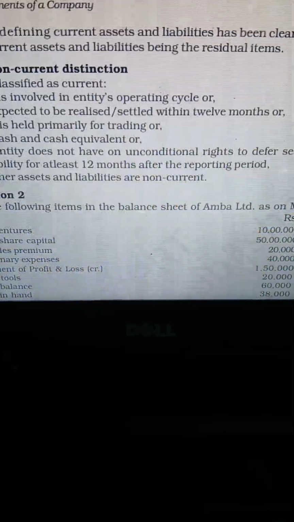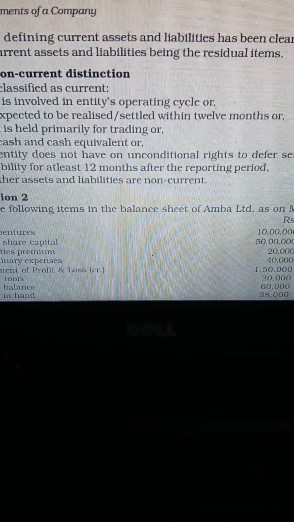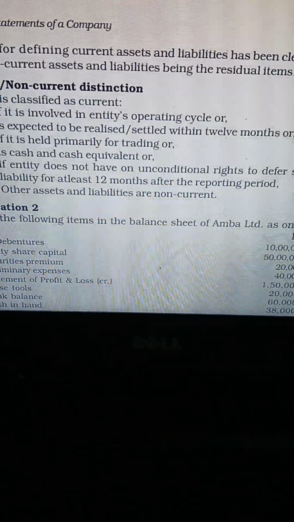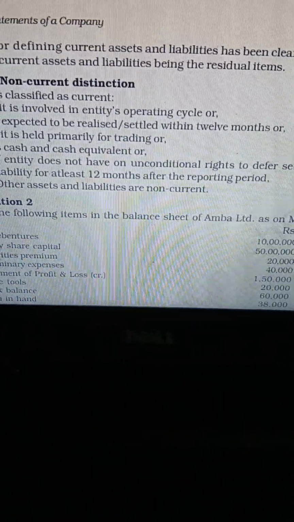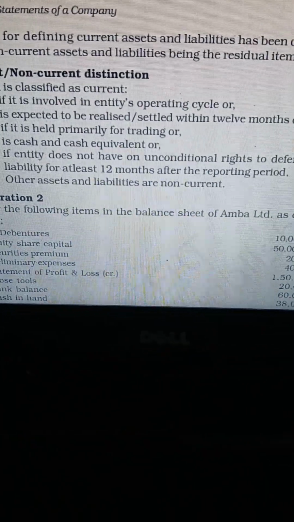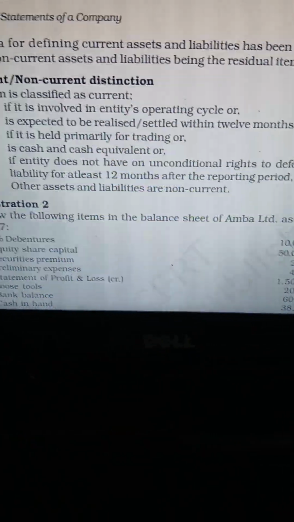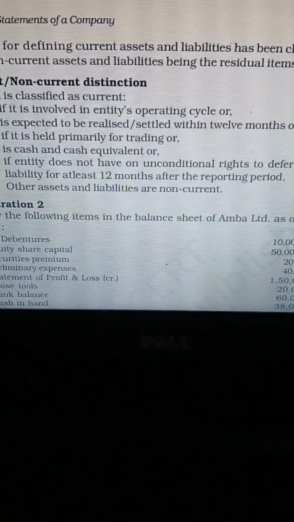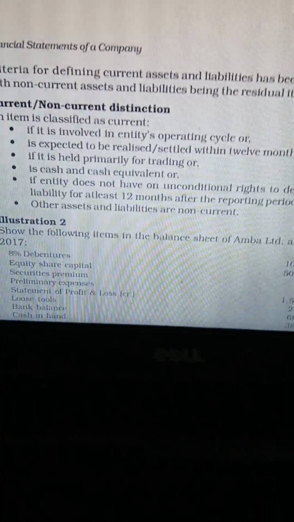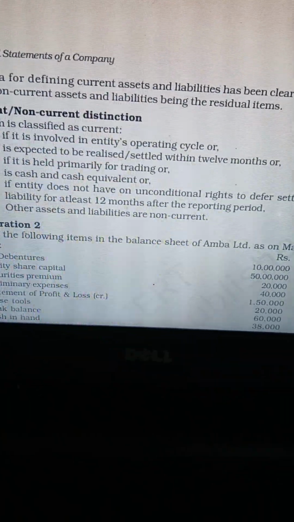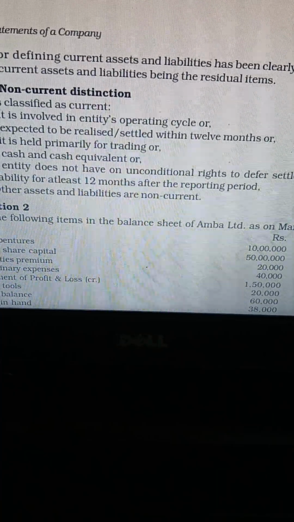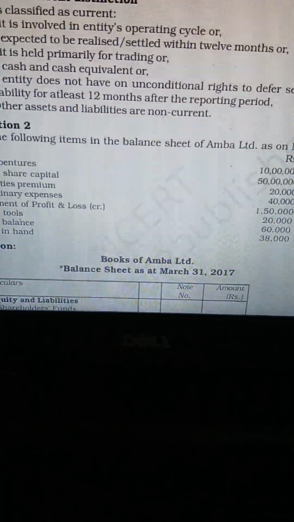An item can be classified as current if it is involved in the entity's operating cycle, is expected to be realized or settled within 12 months, or if it is held primarily for trading, or is cash and cash equivalents, or if the entity does not have an unconditional right to defer settlement of the liability at least 12 months after the reporting period. That is, it is settled within 12 months. Other current and non-current, other assets and liabilities are non-current.